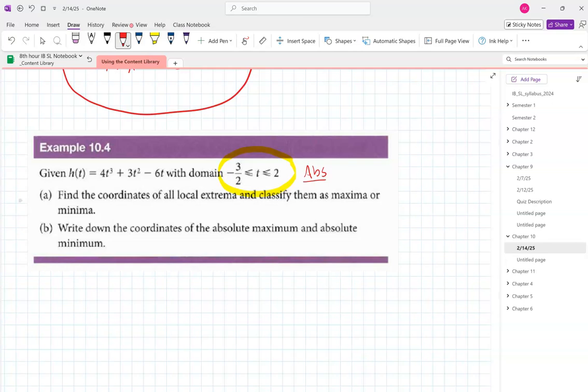How do I know it's closed from that? Because of the or equal to signs. Yep, very good. Okay, part A says find all the coordinates of all local extrema and classify them as max or minimum. So that's just the first or second derivative test problem, right? Yep.